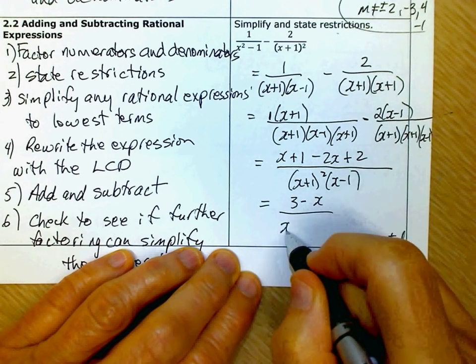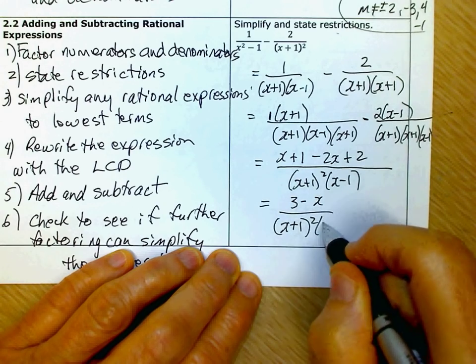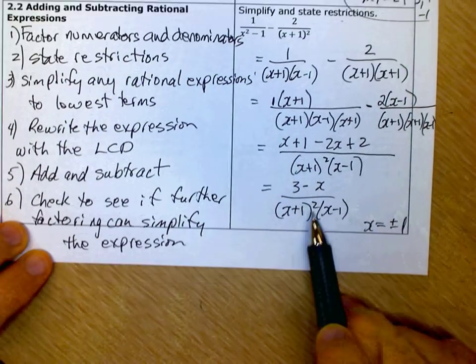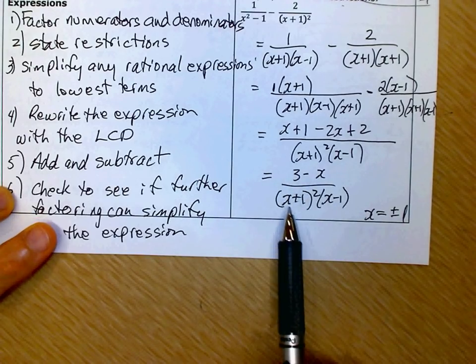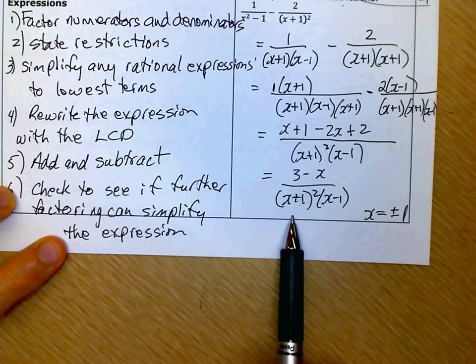Now if I were to look at this, there's no further factoring that will help me simplify this expression. So this is as far as we can go in this question.